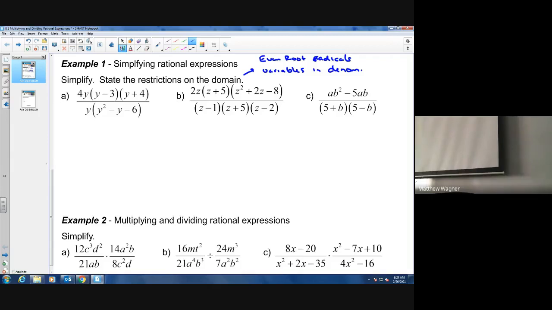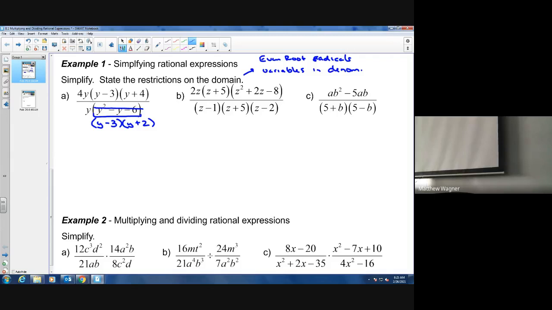Taking a look at this very first example, it looks like the numerator is already factored. But let's think about how I can factor this expression. I'm going to change that into two numbers that multiply to -6 that give me a -1y. I'm thinking -3 and +2. Then this expression goes away.